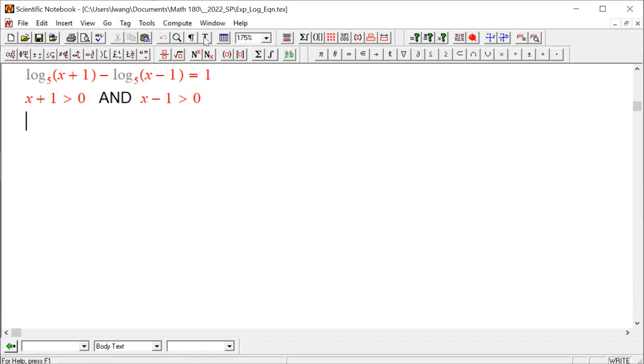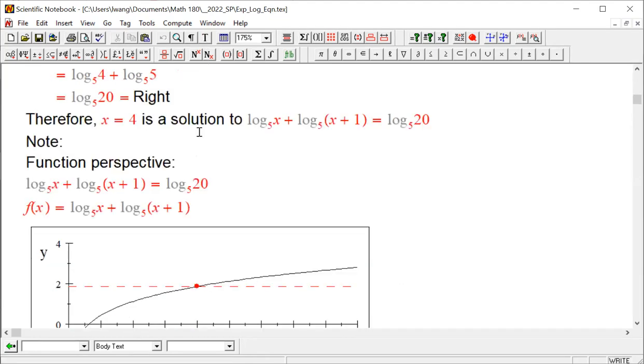Solving these two inequalities, we get x is greater than -1 and x is larger than 1.